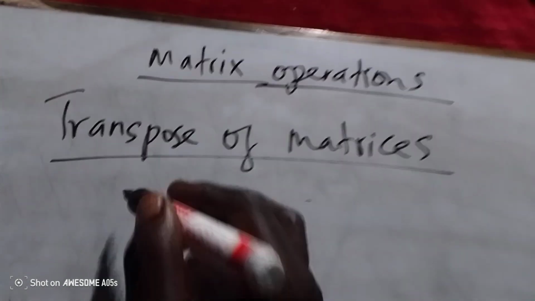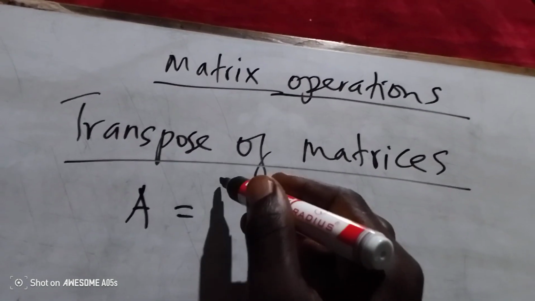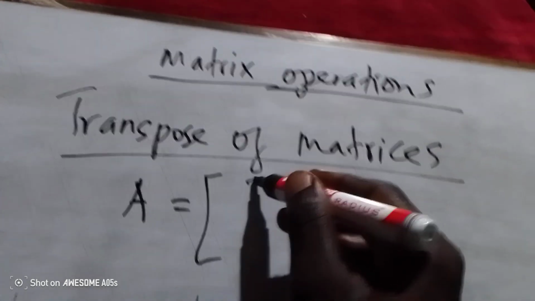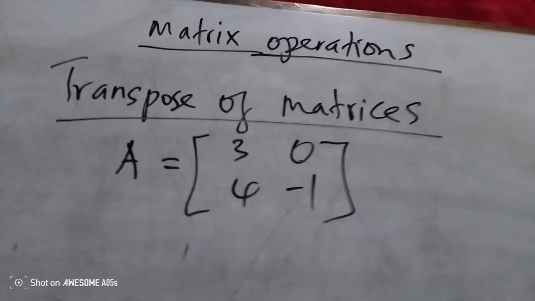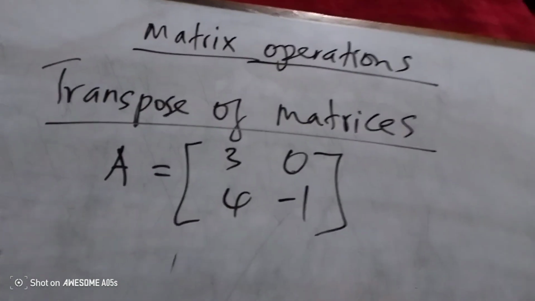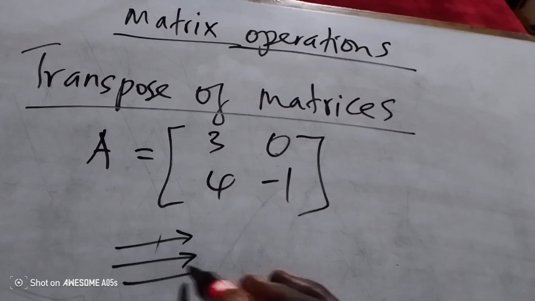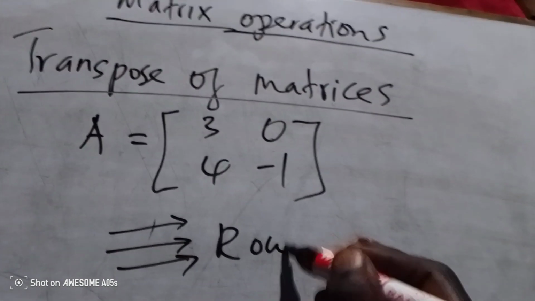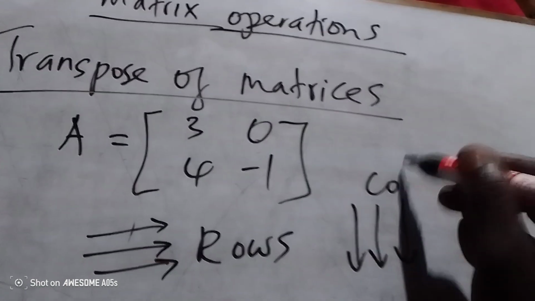So if you've got a matrix A, I can give an example of anything. So if this is a matrix A, notice the number of rows. Remember in our previous video we said these are rows and these are columns.